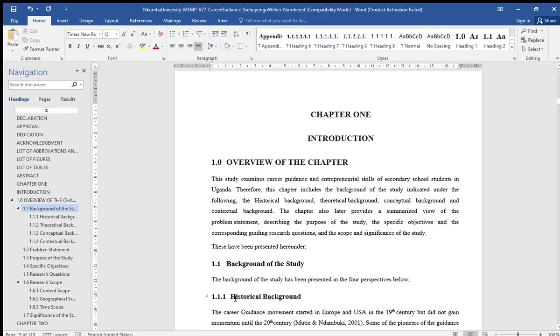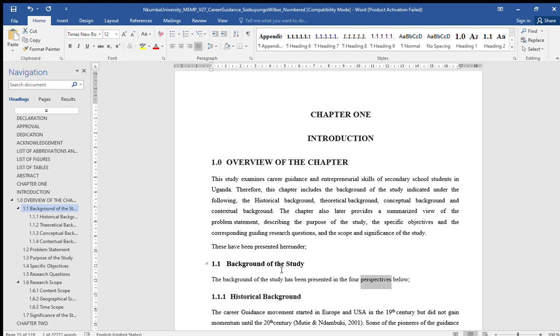Now, the background of the study should be in 4 perspectives. Others call them perspectives, others call them backgrounds. So we break it down into 4. The first one, members, note the language. When you choose to use that they are called backgrounds, then use background everywhere.